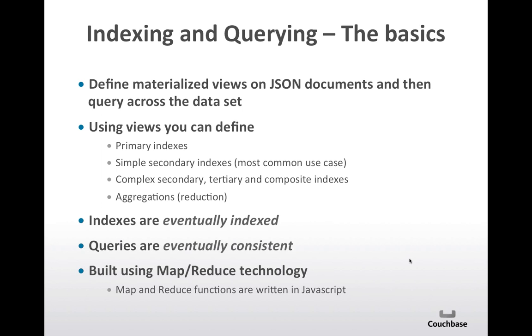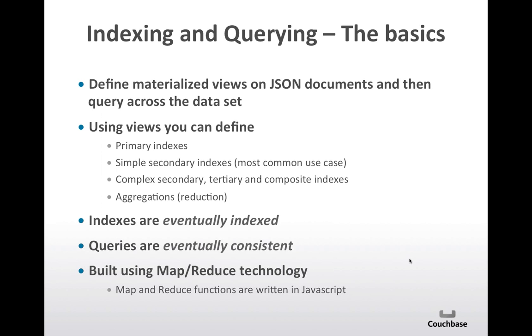Using views, you can define primary, secondary, or more complex indexes, and we have inbuilt aggregation functions. We provide count, sum, min, max, and these are inbuilt and much optimized. You can use them for reduce functions, and I'll demo this in the example later.